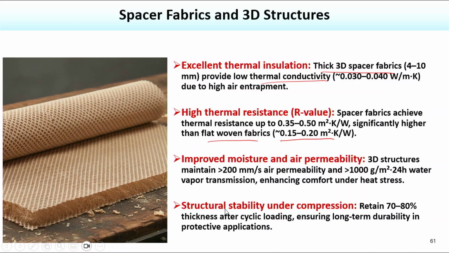And structural stability under compression, because in the spacer fabric the spacer yarns are typically in vertical orientation. When it is loaded, compressed from the top, these vertically oriented filaments are buckled. And after removing the load, they become straight again.